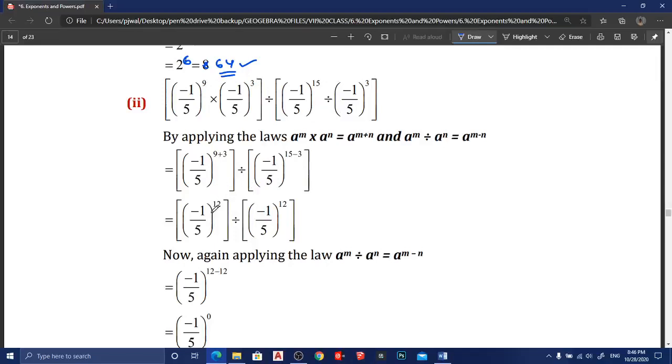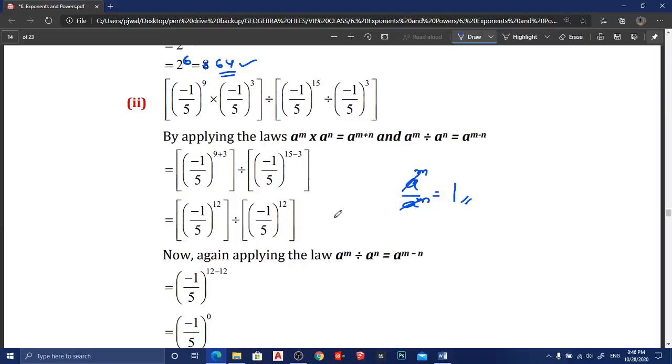Okay, next. Simplify this. 9 plus 3 is 12 here. 15 minus 3 is also 12. So now you are dividing both the numbers which have the same powers and same bases. Directly you can tell that this is 1, because a by a is nothing but 1 only, or a to the power m by a to the power m. Both are same, so by cancellation you will get 1 only.